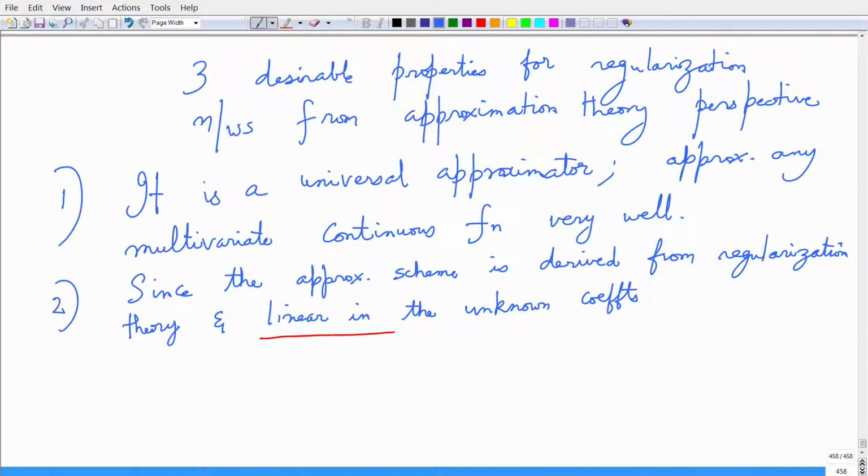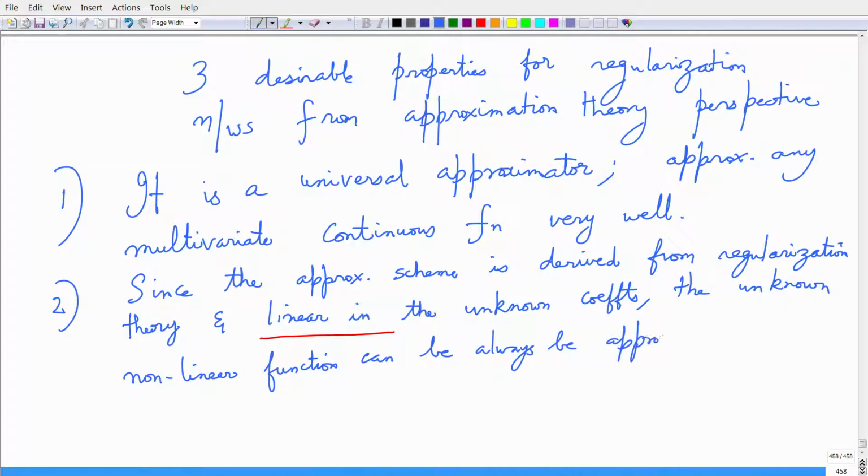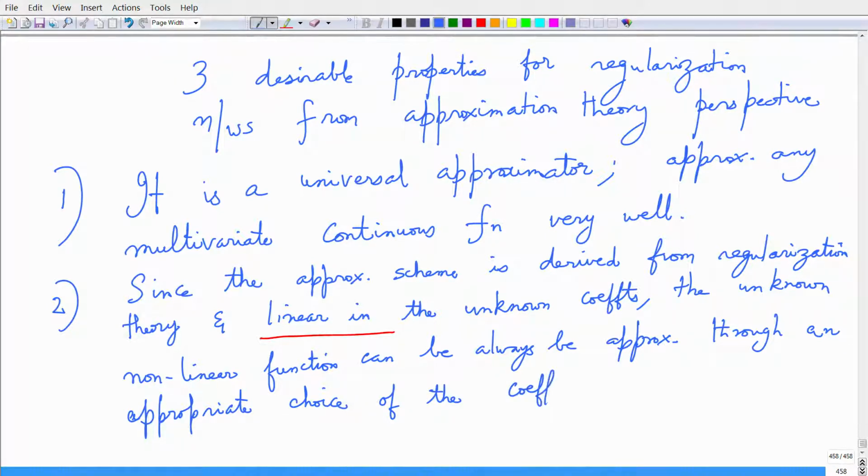So, since it is linear in the unknown coefficients, the unknown nonlinear function can always be approximated through an appropriate choice of the weights, these coefficients, that combine the outcomes from the hidden units.